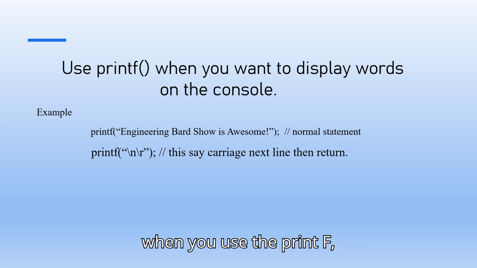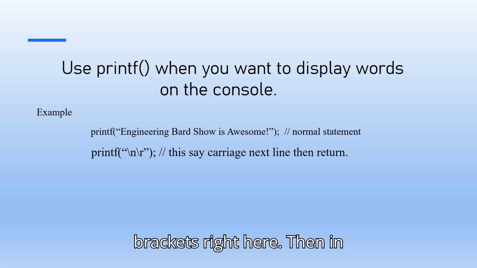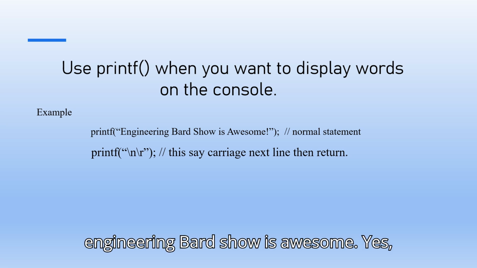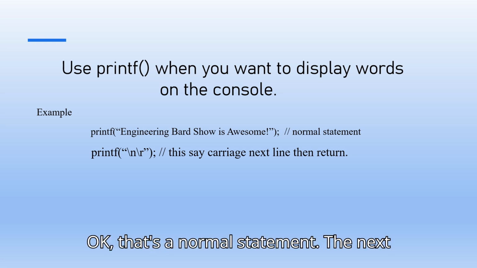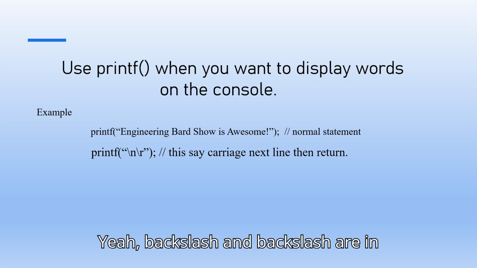When you use printf, you must put printf and then these brackets right here. Then in quotes, you must put down whatever you want to put down, like Engineering Bard Show is awesome. Yes, that's a normal statement. The next one is printf in quotes, backslash n backslash r.